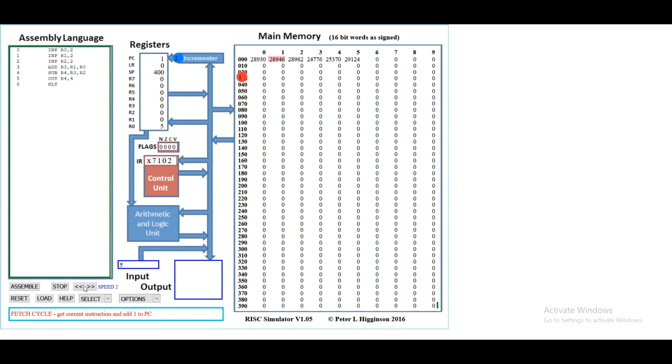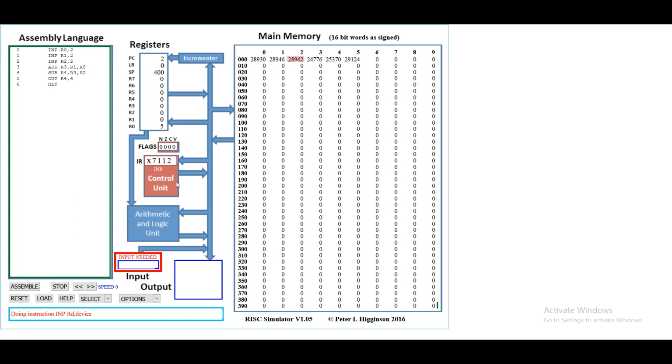Here is the second line of code. INPR12 is executed, so the address of the next instruction that the PC was pointing to is fetched, and PC gets incremented and now points to the succeeding location of memory. The fetched instruction is passed to the B bus and loaded into the instruction register to be decoded.